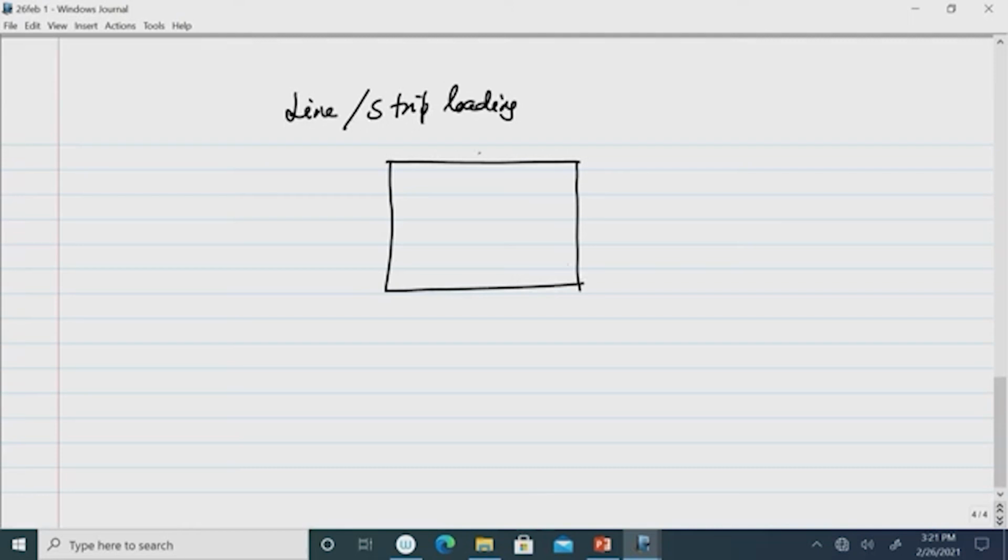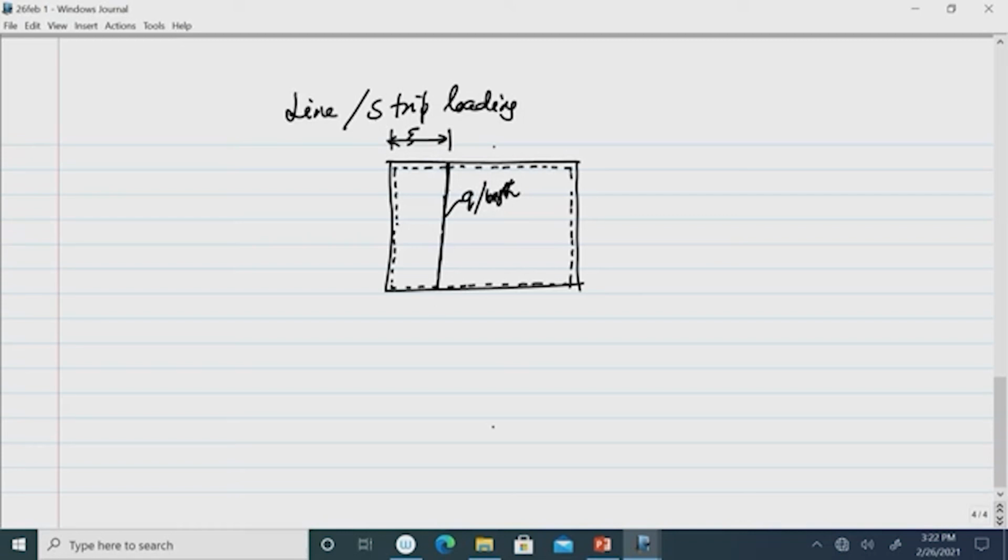Suppose a rectangular plate which is simply supported along all edges, and for example, we have this loading, a brick wall is constructed or any other load which imposes a strip loading, whose intensity is, say, q per unit length, and this line load is imposed at x coordinate xi, and it is running fully along the y coordinate.